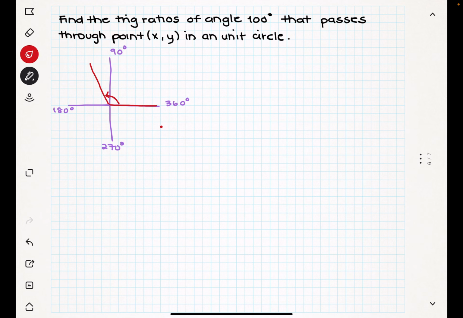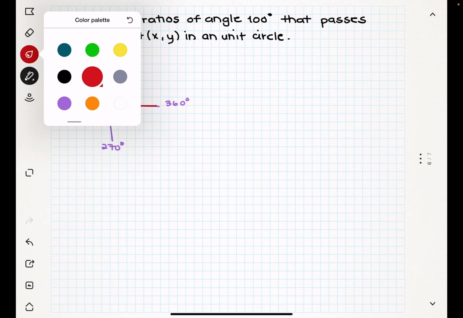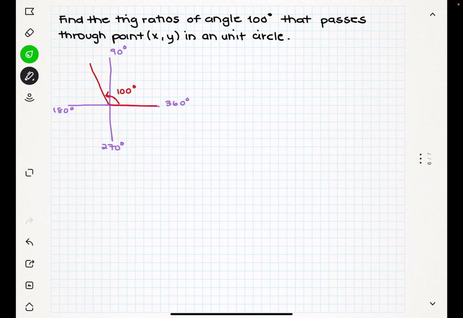So this is going to be my angle 100. Okay, so what is the reference angle for 100? Remember that it is the positive angle that gets me to my horizontal. So my reference angle is going to be 80 degrees. And with that is how I'm going to start.